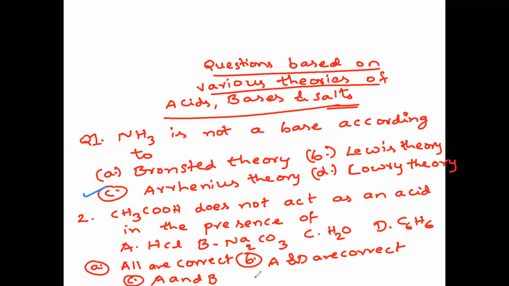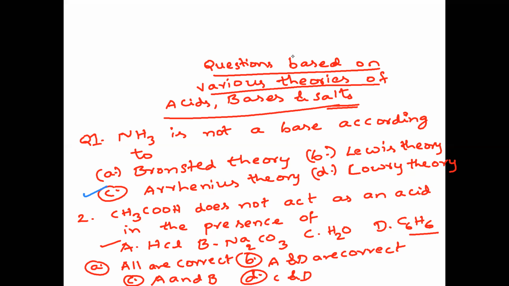And option D, C and D. So the right answer is, just imagine now here we can understand. Acetic acid does not act as an acid in the presence of HCl and benzene, because HCl is itself an acid. So answer is HCl and benzene.